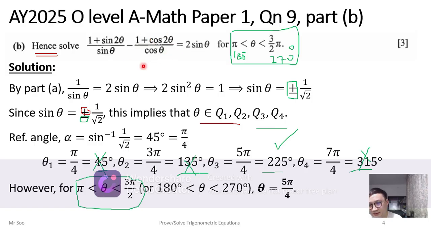Is that answer equivalent to 2 sine of 5 pi over 4? I leave it as an exercise for you to validate. When you substitute theta equals 5 pi over 4 into the left hand side, is the answer the same as 2 sine 5 pi over 4?